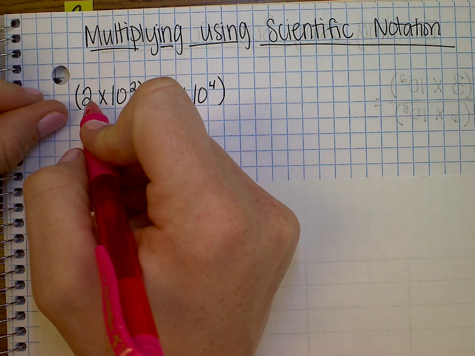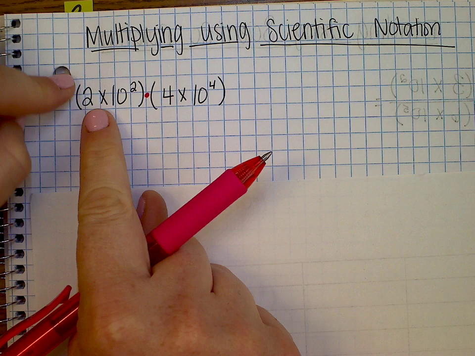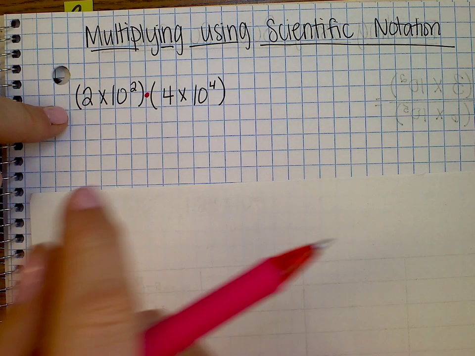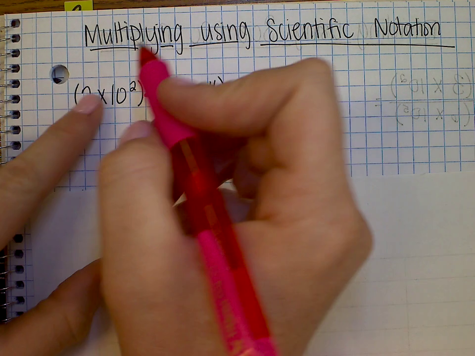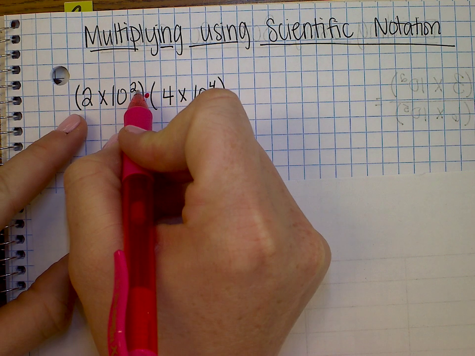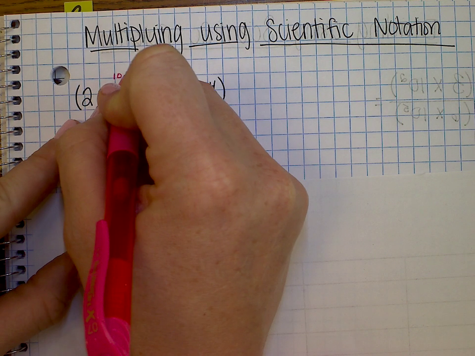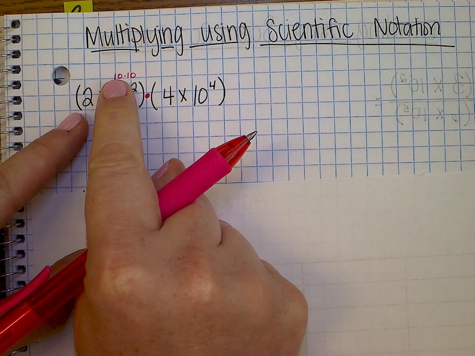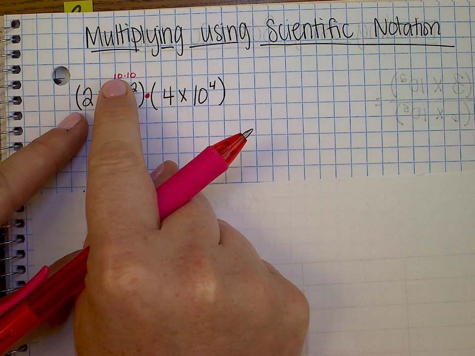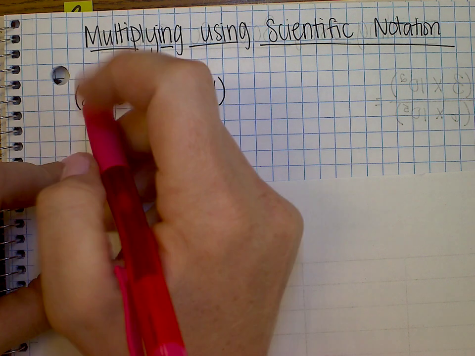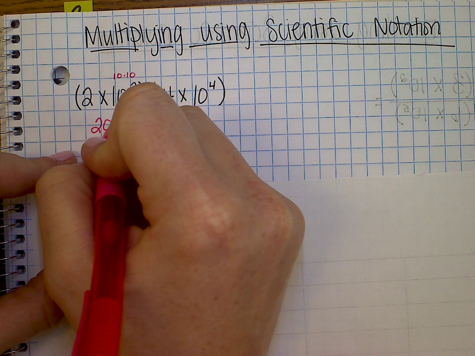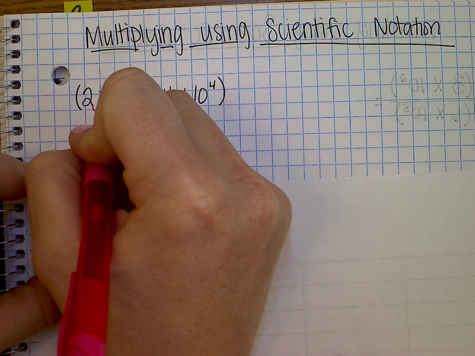And now let's think about these numbers without scientific notation, and then we'll go back and do it with scientific notation. So if I have 2 times 10 squared, well, remember 10 squared is 10 times 10. So if I do 2 times 10, that would be 20, and 20 times 10 would be 200, or you could move the decimal 2 times.